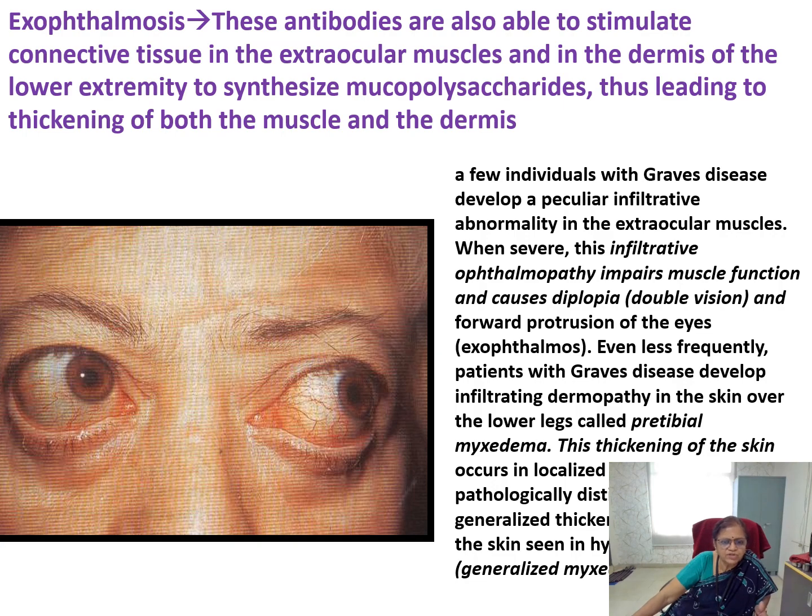The reason for the protrusion of the eyeball is that these antibodies stimulate connective tissue in the extraocular muscles and in the dermis of the lower extremity to synthesize mucopolysaccharides, which accumulate behind the eyeball, leading to thickening of both the muscle and the dermis and pushing the eyeball toward the front from the orbital socket. And these are other features given here.